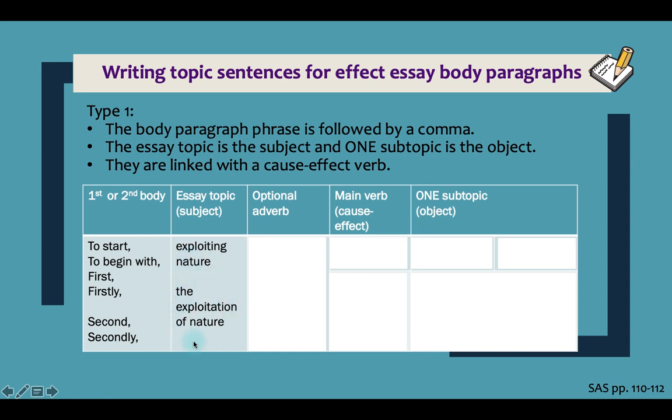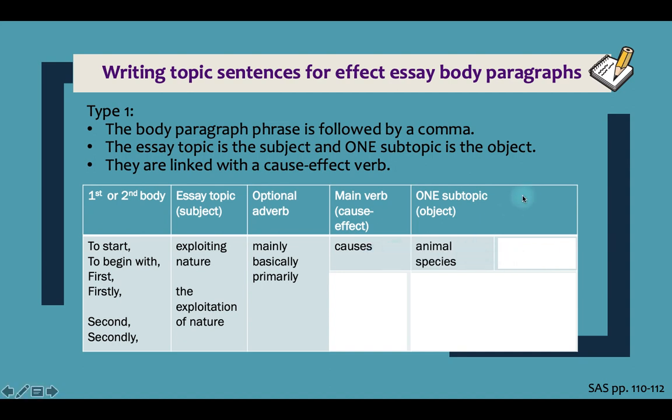The exploitation of nature, use a noun phrase. Both of those are good forms for the subject of the sentence. An adverb to describe the cause-effect verb. For this sentence type, we're just going to look at the word causes, and this is the only one we want to use here.